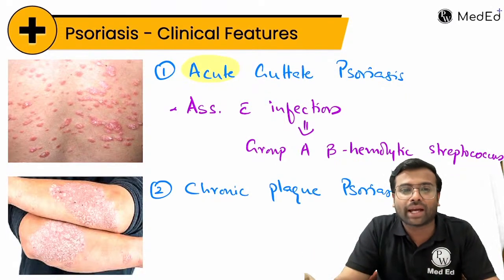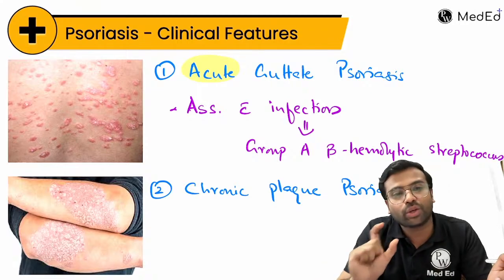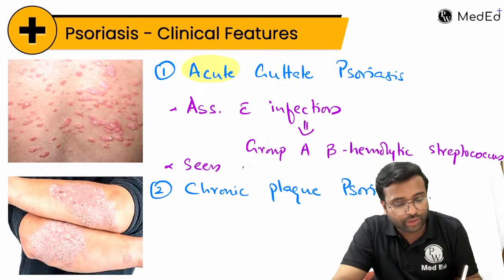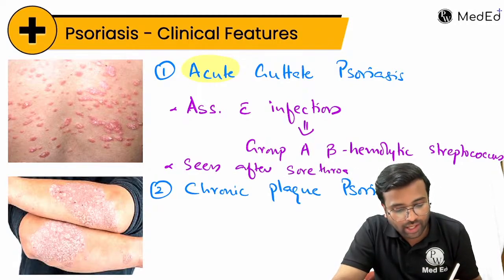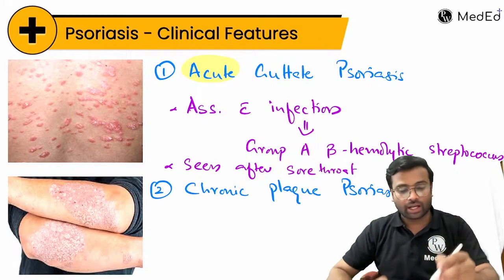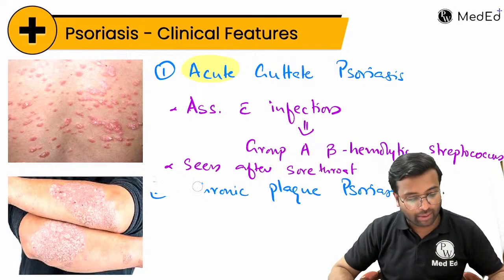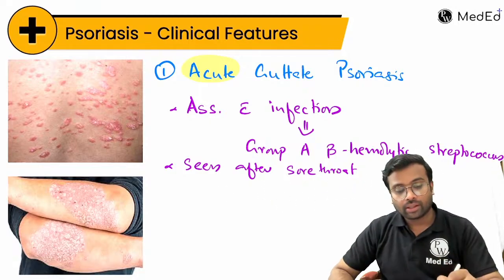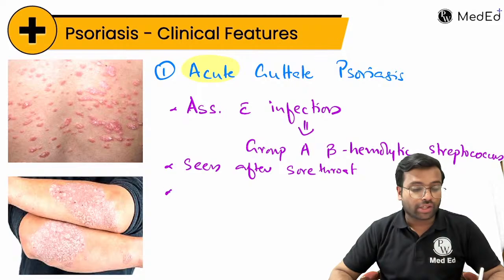This is associated with group A beta hemolytic streptococcus. So when I say beta hemolytic streptococcus, what is the usual infection? This is usually seen after a sore throat. So this is seen after a history of a sore throat.